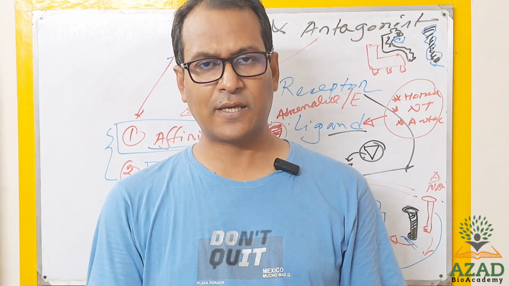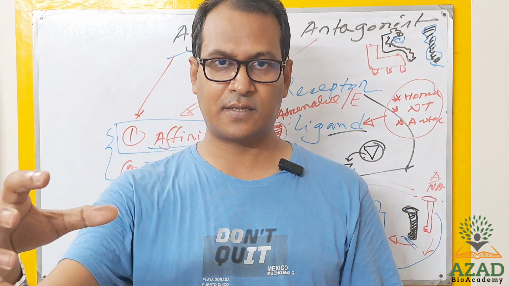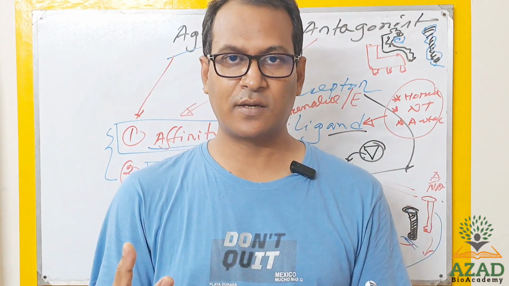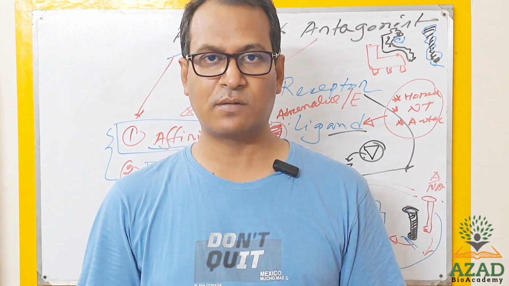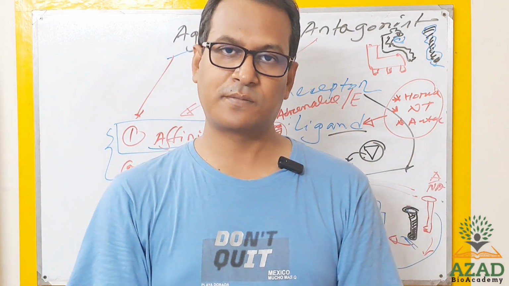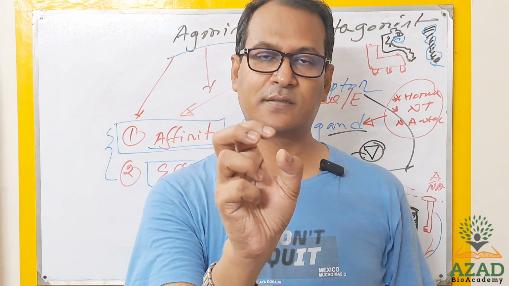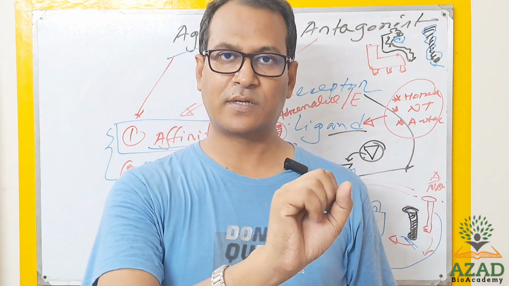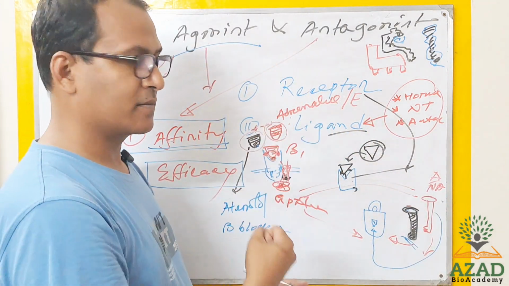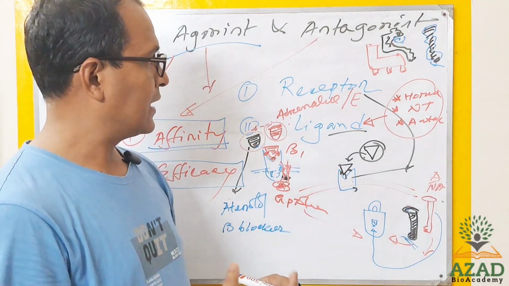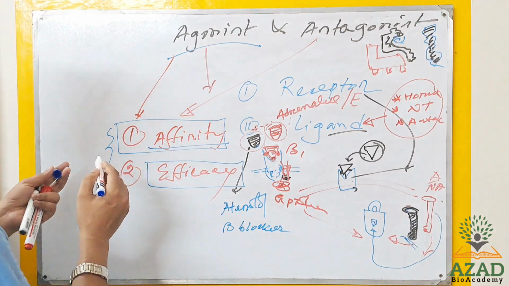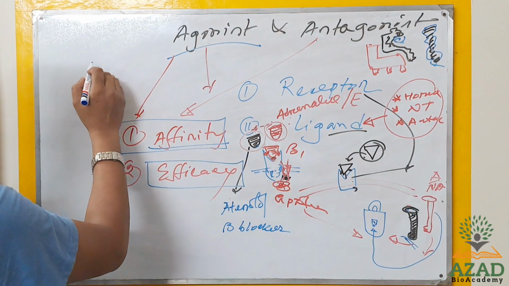But the non-castrated male goat, which has a completely functioning scrotum, has affinity to the female goat, and it also has the ability to do its activities. So the castrated goat is the antagonist, and the complete goat with completely functioning scrotum is the agonist.